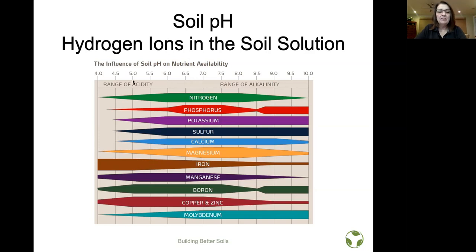When we go down to 5, we have 100 times more, and when we go down to 4, we have 1,000 times more. So there's only so much room on that exchange capacity that we just looked at. If we put too much acid in the soil, it bumps off things like the potassium and calcium and magnesium, and again, that's no good for your plants either.